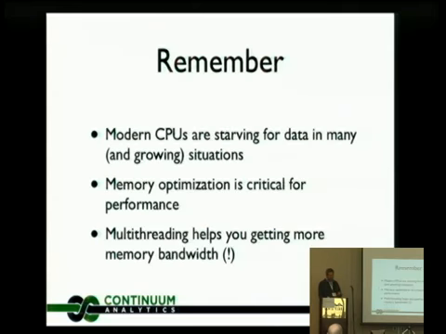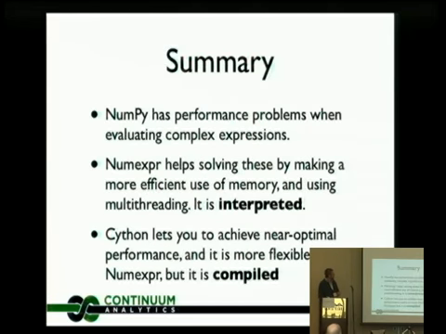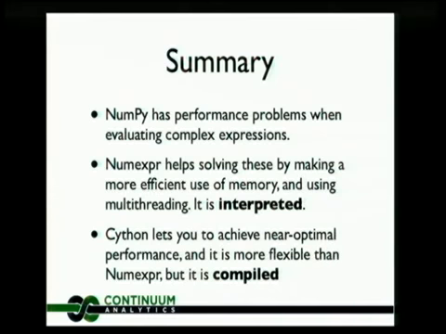At least with this architecture, which is a nice result. Okay, so just remember that NumExpr helps solve the problem that NumPy has for evaluating complex expressions. The advantage of NumExpr is that it is interpreted, and it also has some limitations.